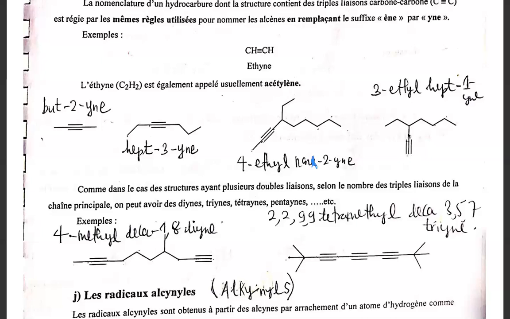So we say 1, 2, 3, 4, or 1, 2, 3, 4, 5, 6, 7. So it becomes a 7-chained hydrocarbon. At position number 1, we have a triple liaison, and the terminaison is YNE. Then at position number 3, we have an ethyl substituent. Is it clear?